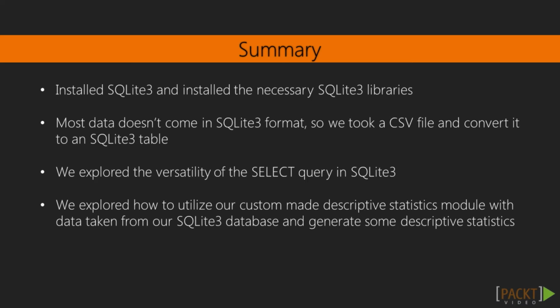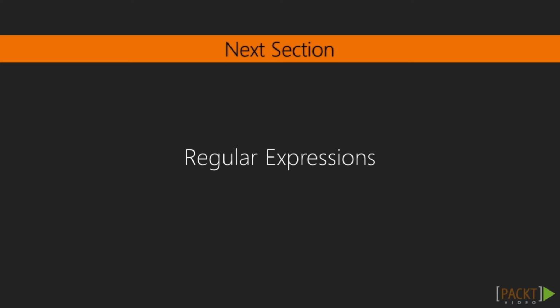We explored the versatility of select queries in SQLite 3 by means of the where clause, the order by clause, and the limit clause. We also explored how to create our own custom module of descriptive statistics, and then we used that module in order to study earthquake data in the IHaskell environment. Now, in our next section, we are going to take a look at regular expressions in Haskell.